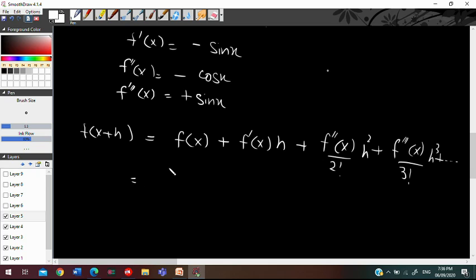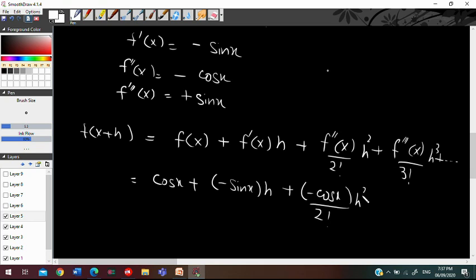Now what is the value of f of x? That is cos of x. f prime of x is minus sin of x. h remains the same. f double prime of x is minus cos of x by 2 factorial and h square. And sin of x by 3 factorial h cube. Plus you can see all these values from here.